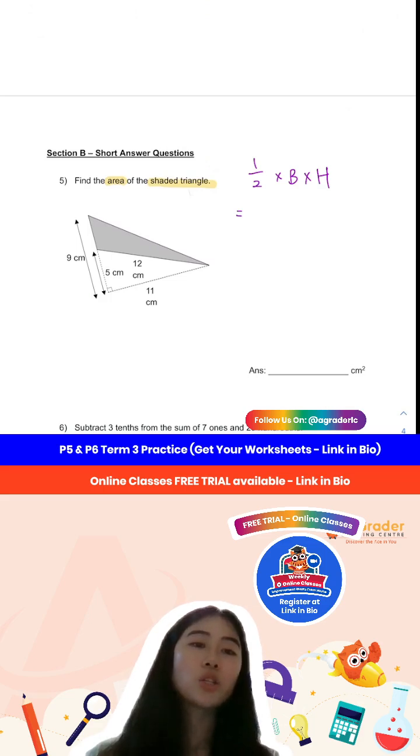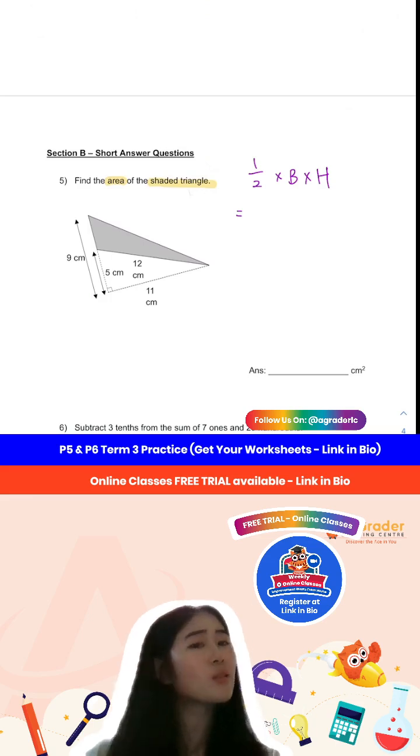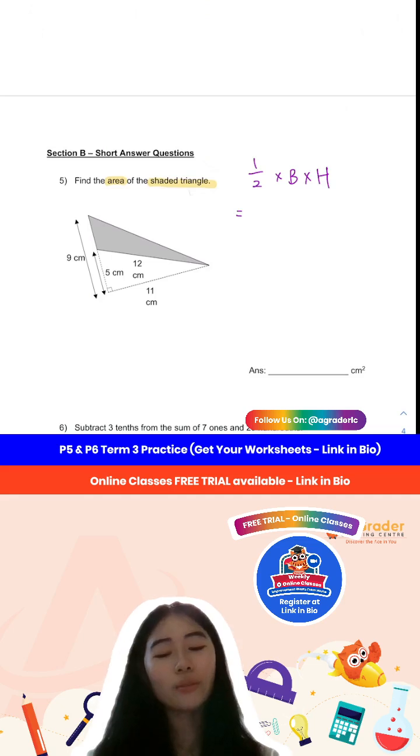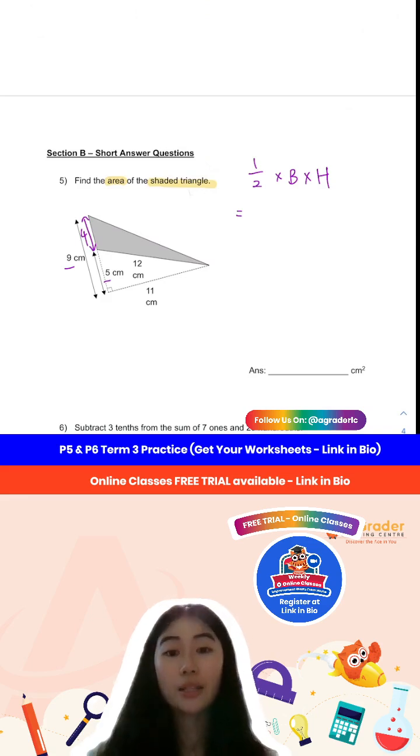Yellowish says 4 and 11 as well. Xiaolongbao says 9 and 11. Okay, this one should be 4 and 11, right? Because they're asking you for the shaded triangle. So you have to use 9 minus 5 to get 4 cm as the base of this triangle. Yeah, so 4 is the base.